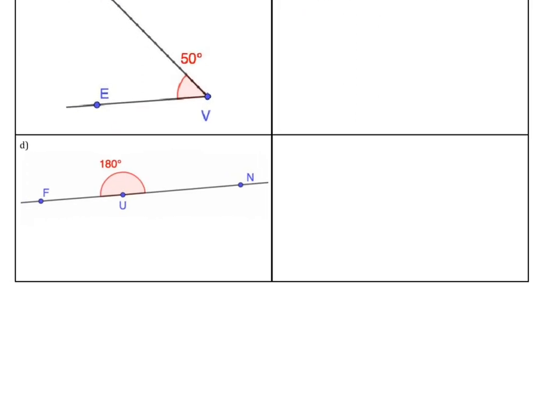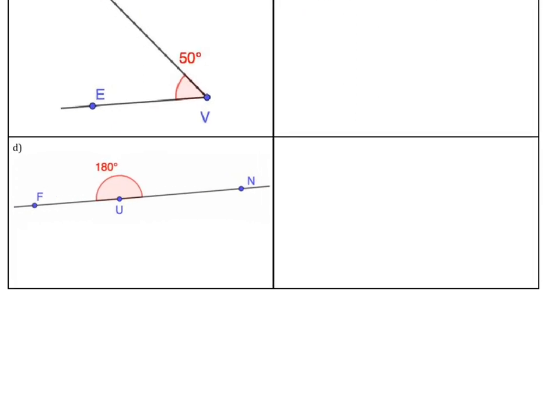All right, and then last but not least, we got part D. Now, part D, I have angle FUN or NUF, and it measures 180 degrees. And because it measures 180 degrees, we know that angle FUN is a straight angle.